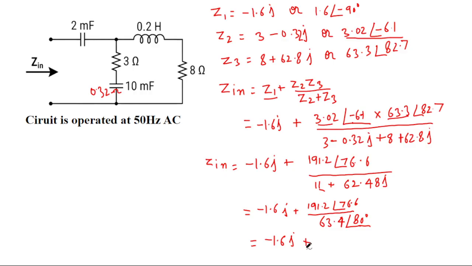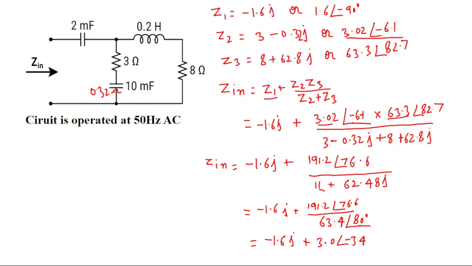So value of this is coming here as around 3, exactly 3, right? So 3.0, and angle is coming here as a minus 3.4. Why is it coming minus 3.4? Because 80, when you take into the denominator, it will become minus 80. Minus 80 plus 76.6, it will become minus 3.4.